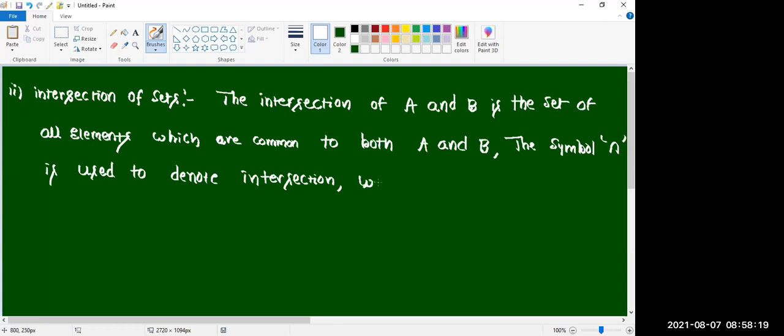We write the intersection of A and B as A intersection B.